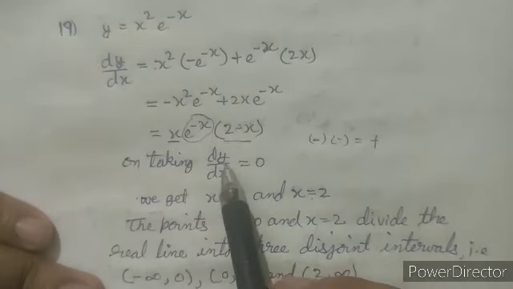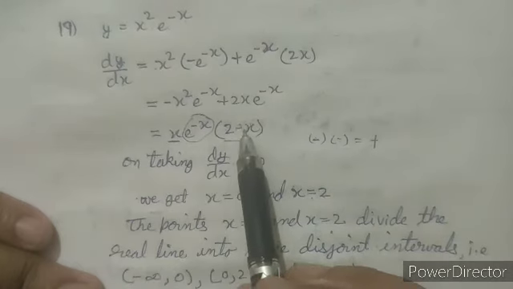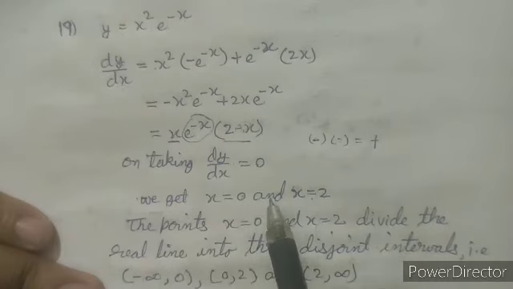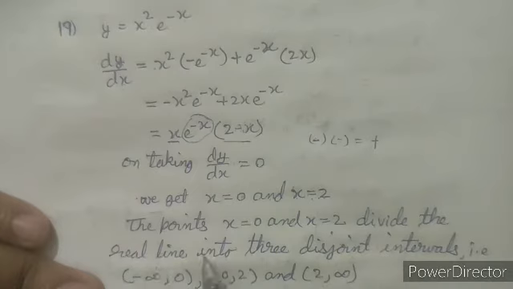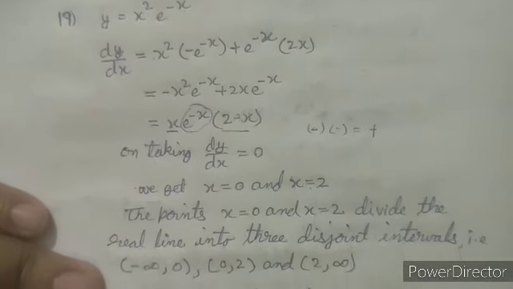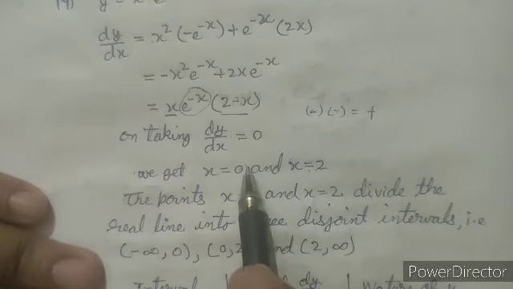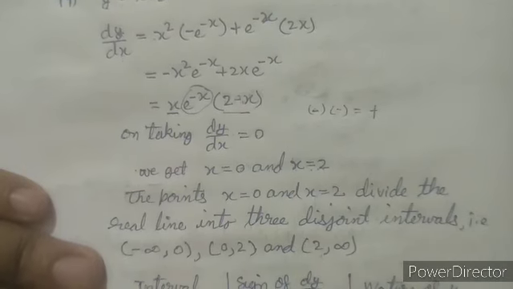On taking dy by dx equal to 0, x will be equal to 0 and 2 minus x will be equal to 0, and that will give us x equal to 0 and x equal to 2, which divides the real line into 3 disjoint intervals: from minus infinity to 0, from 0 to 2, and 2 to infinity.